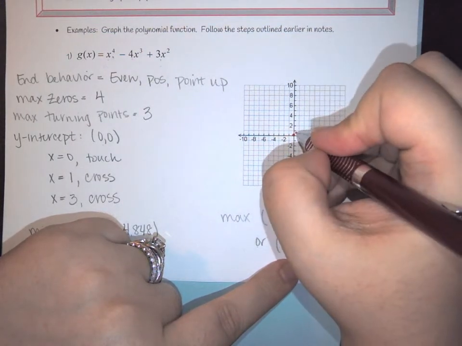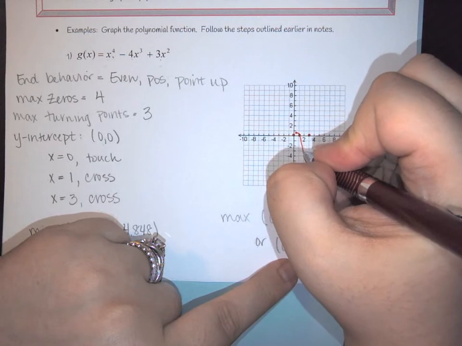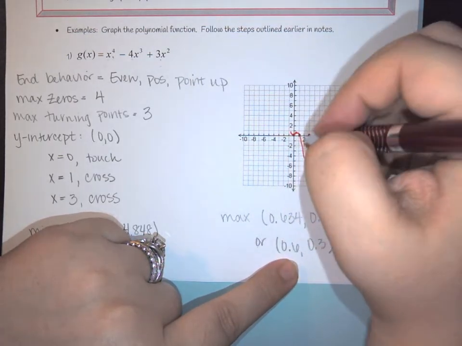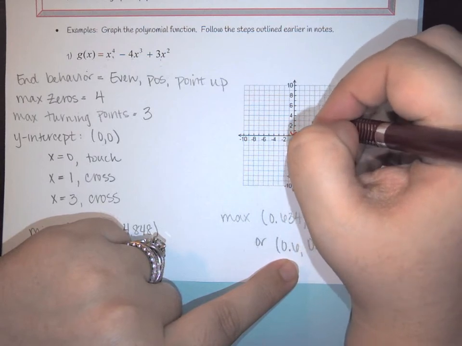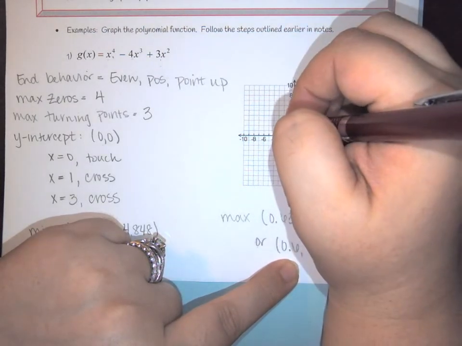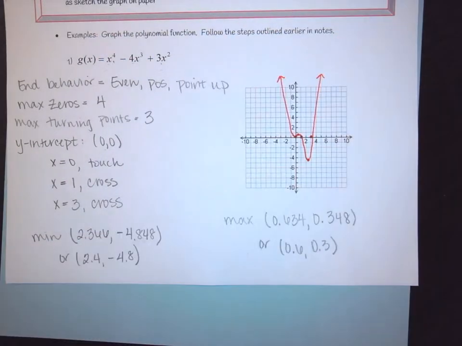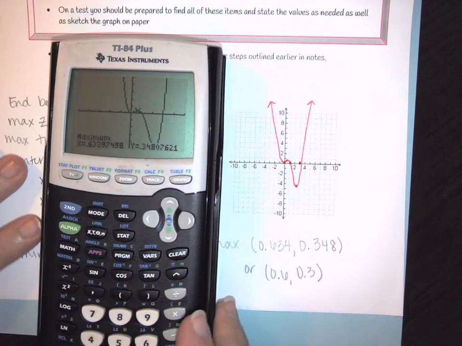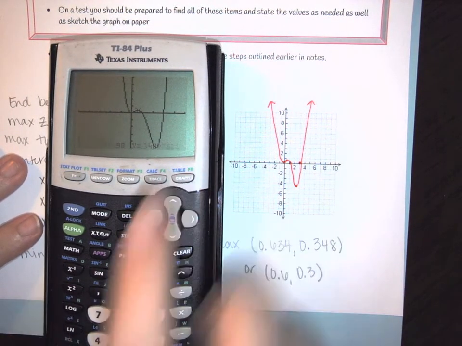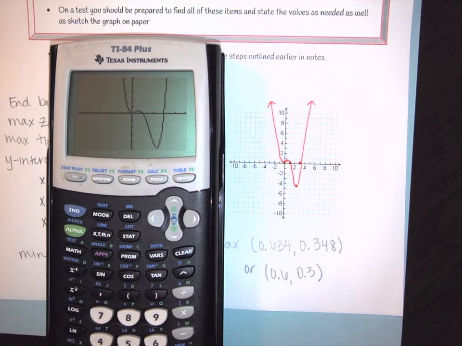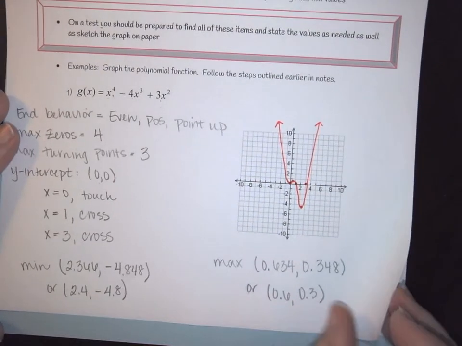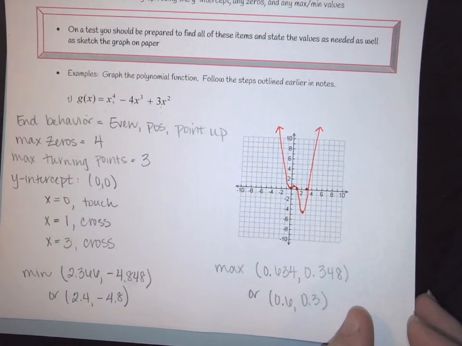Now we know that we are crossing, so this one comes down to here, and we know that we are touching. This comes straight up, and then this side comes straight up. So if you take a look at the sketch and you compare it to your graph, notice they look pretty similar. Okay. So that is one example on how to graph some polynomials.